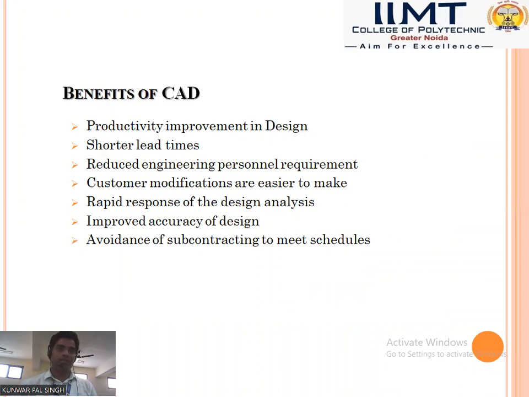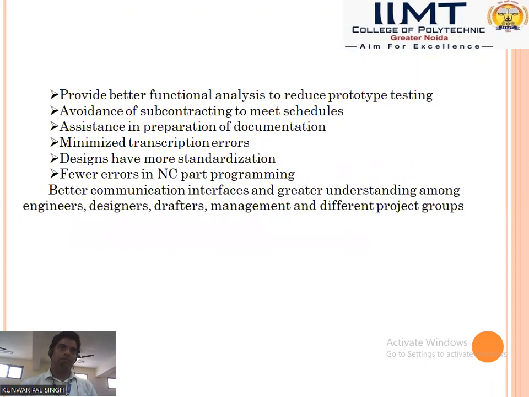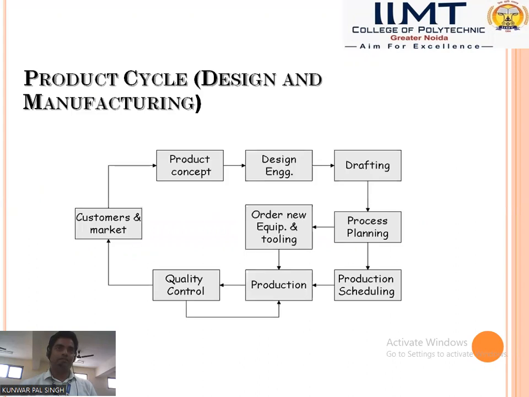Design accuracy is also improved, almost 100%. Avoidance of subcontracting and meeting the schedule. So the benefits are many by using CAD. It also provides better functional analysis, avoidance of subcontracting, meeting schedules, assistance in preparation, minimized cost and transportation, and all are the benefits of CAD.